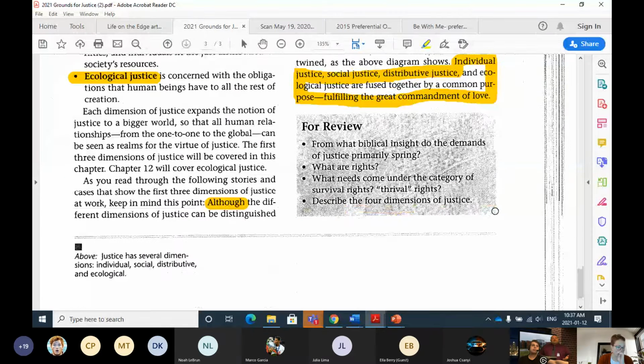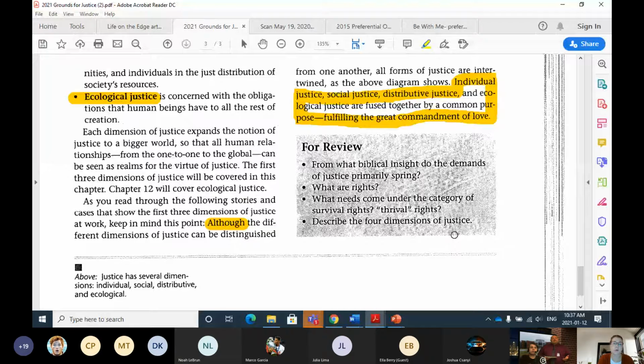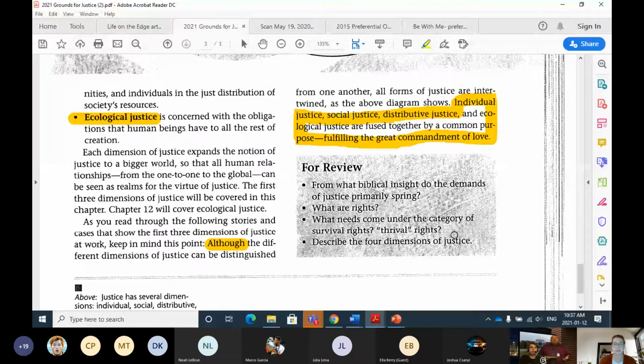Originally, if we were face-to-face, I would have you answer these questions, but it's basically just content. So hopefully with us reading it together as a group, I've answered these questions for you and you understand them. You know the 4 dimensions of justice that we just went over. You understand what comes under survival rights versus thrival rights.